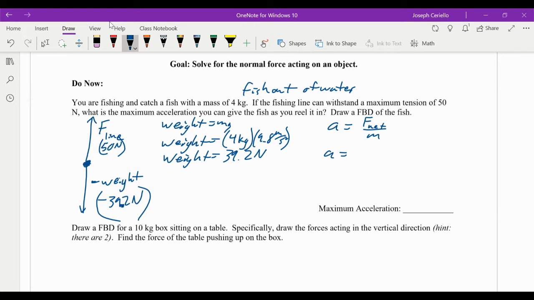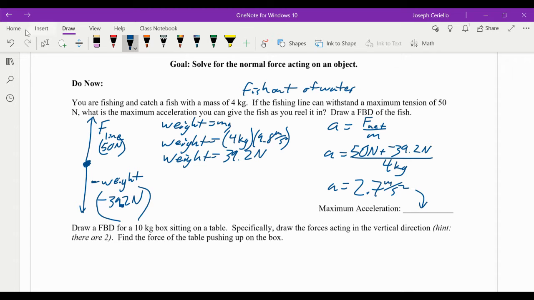So our F net, we just do 50 newtons plus a negative 39.2 newtons, divided by 4 kilograms. Throw it in your calculator. You should get 2.7 meters per second squared.